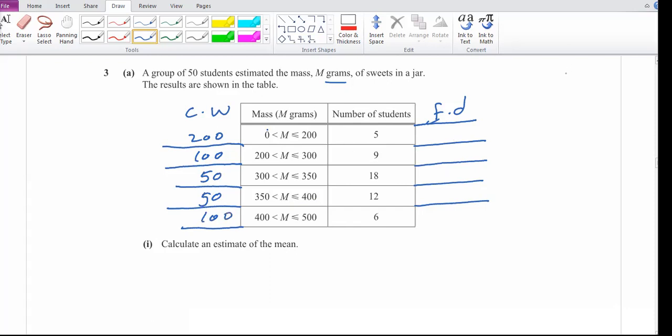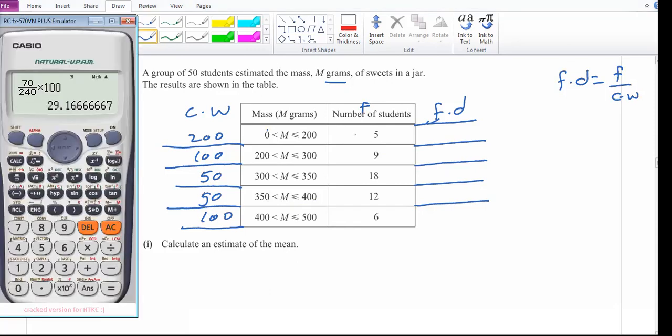Now what will be frequency density? This is the formula of the frequency density. Number of students, that is frequency, okay? It is frequency over class width. Now if you have to take for this one, it will be 5 over 200. It's 0.025, okay?